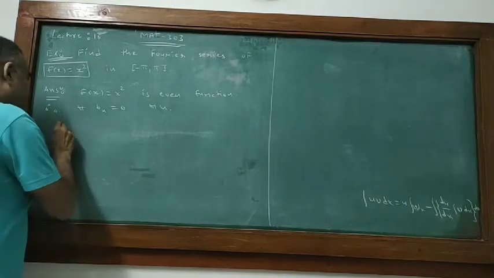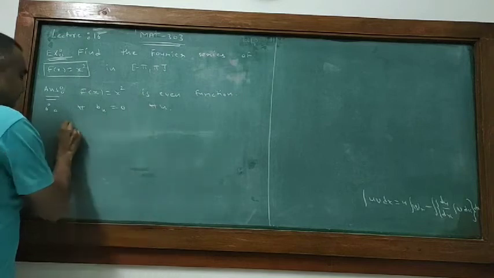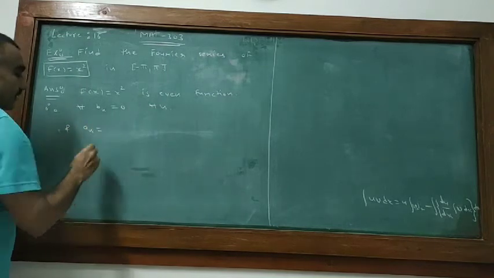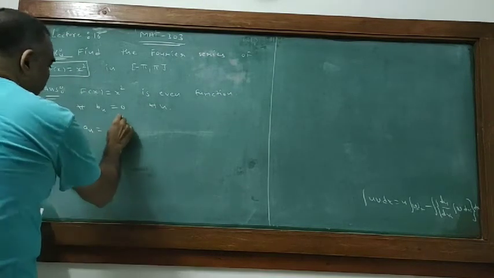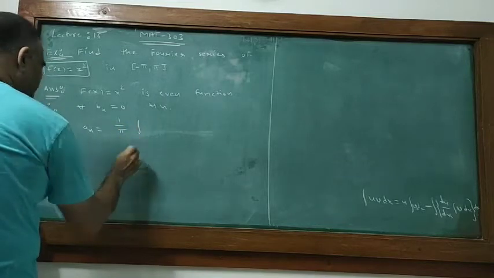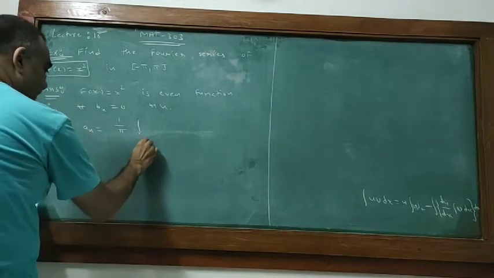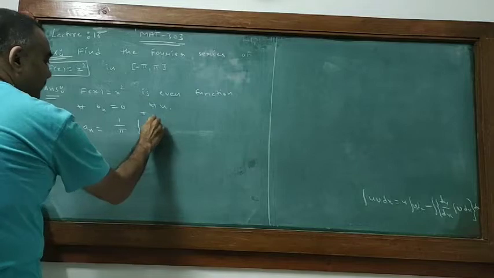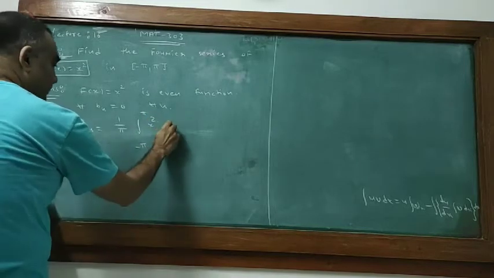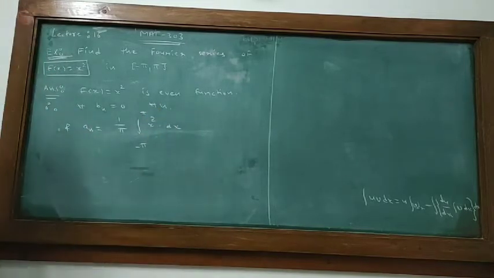And the value of a0 is equal to 1 upon pi integral from minus pi to plus pi of x square dx.